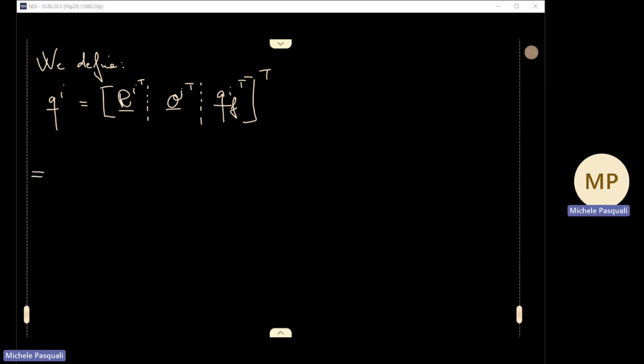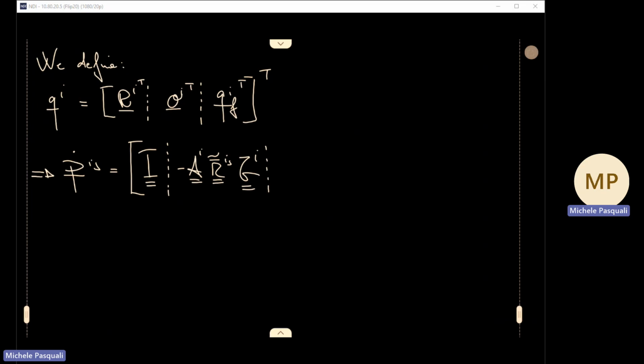So this is our vector of unknowns. And so we can write that our Pij is just I minus A I R over bar tilde Ij, and then we have G over bar I. And then all of this is also including this last part, An and B, 2.